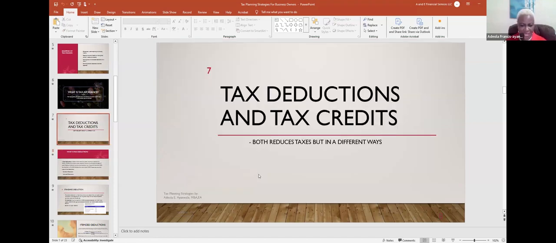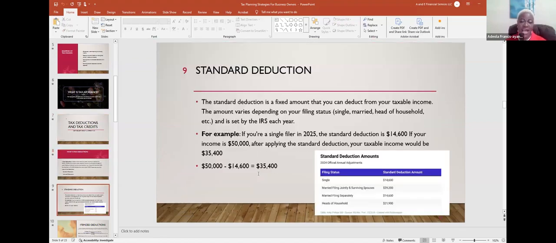The standard deduction is a fixed amount that you can deduct from your taxable income, based on your filing status. If you're single, there's a set amount the government gives you that you can use. If you're married, there's a certain deduction you can take. And this is the deduction for the tax year we're going into. Pretty much everyone has a set amount based on their tax filing status.